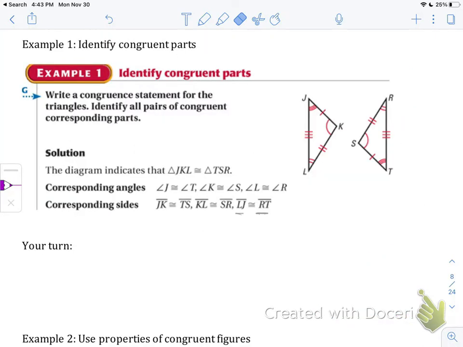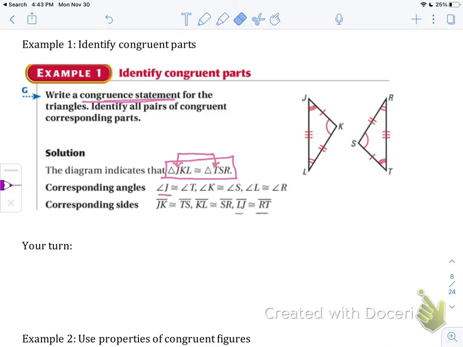Okay, identifying congruent parts. Write a congruent statement for the triangles. So if we're going to write a congruent statement, it's going to look like this. So here is the congruence statement. Then based on that statement, you can say angle J is congruent to T, those are corresponding.